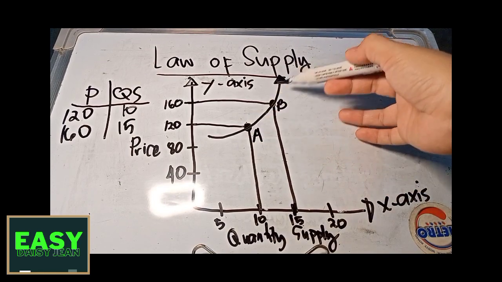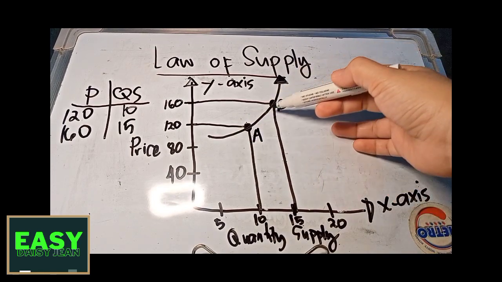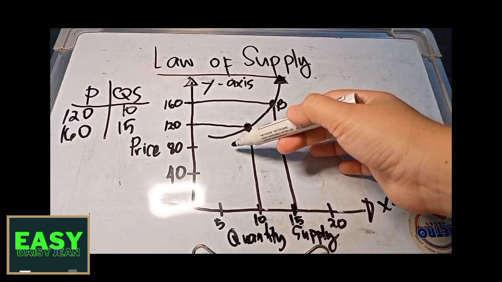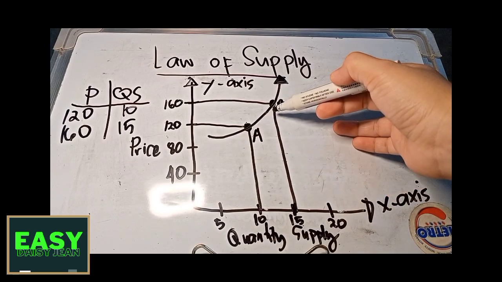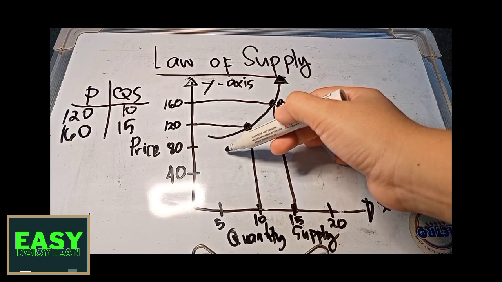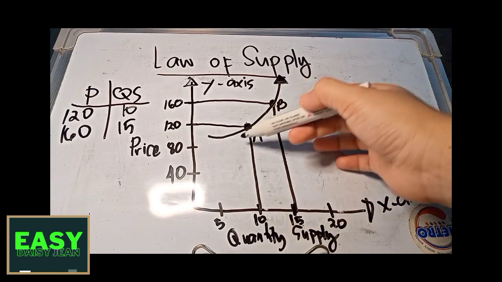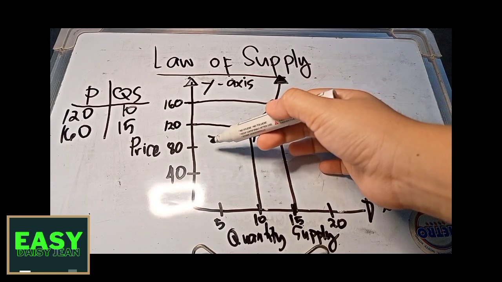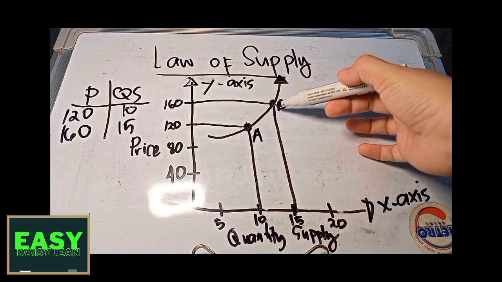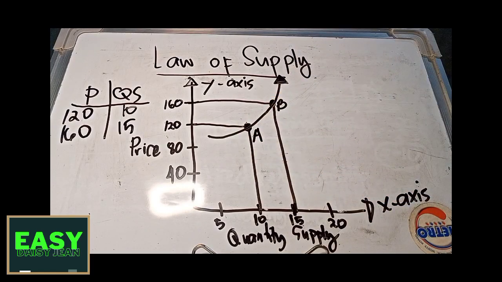It is sloping. It is not in linear form. When you connect your point A and point B, do not connect it in a line form. You are to connect it with a sloping curve upward. Okay? Para dili mo magkamali sa inyong mga answers, sa inyong mga activities, and sa inyong mga exams.